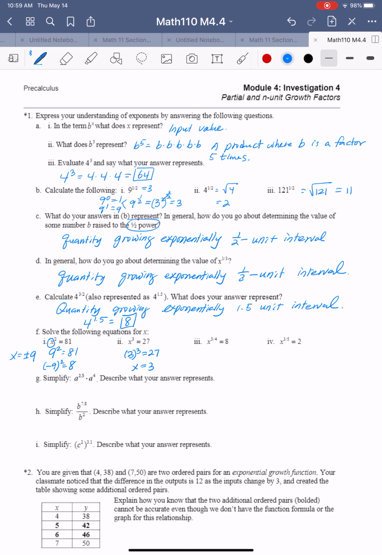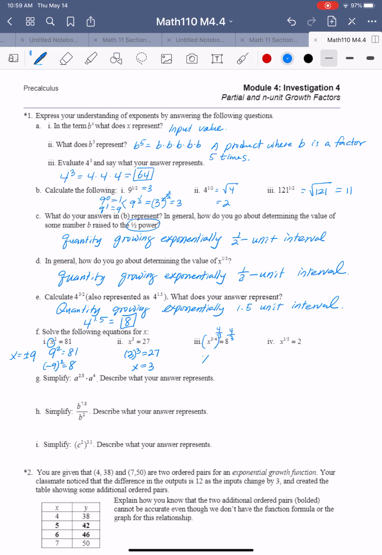But this time, we have to think carefully. What's a good way to do it? Another way to solve this one is to get rid of the 3 over 4, which means you put the fourth power on both sides, right?